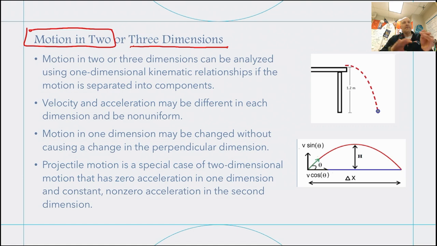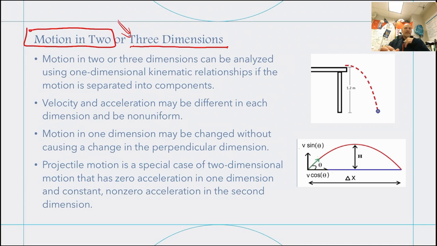Now, I know it says one dimension, second dimension, but with three dimensions, you may look at something that is effectively traveling in the x and z directions instead of the x and y directions, which you're more accustomed to from the algebra-based course. But basically, one of the dimensions will have zero acceleration and the other dimension will have a constant non-zero acceleration.